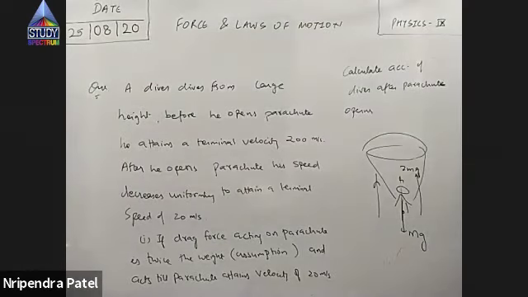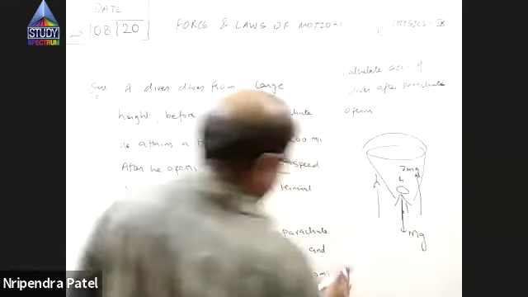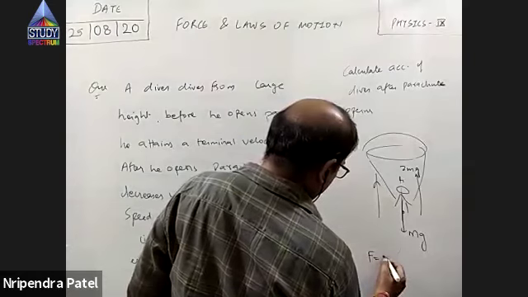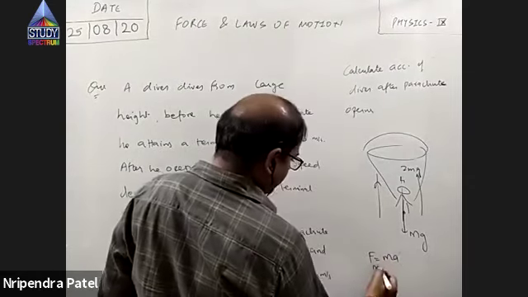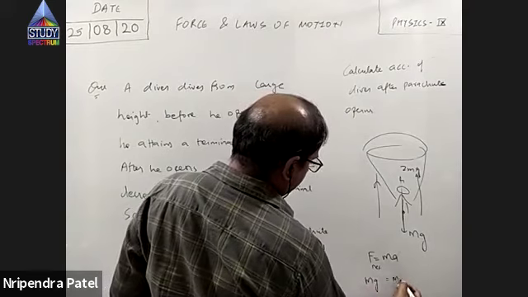So I can see two forces acting on the object. One is mg, that is gravitational force acting downwards. Other is 2 mg acting upwards. So net force acting on him is mg upwards, equal to ma.